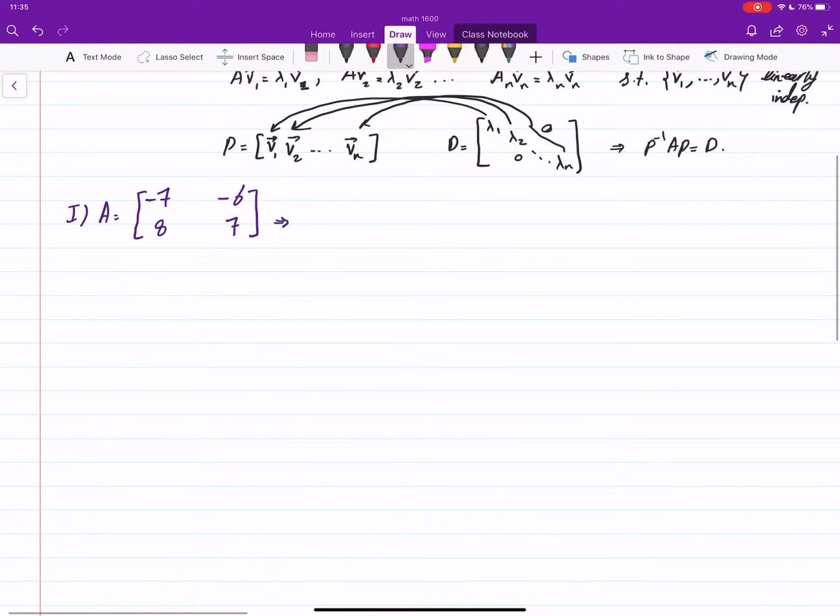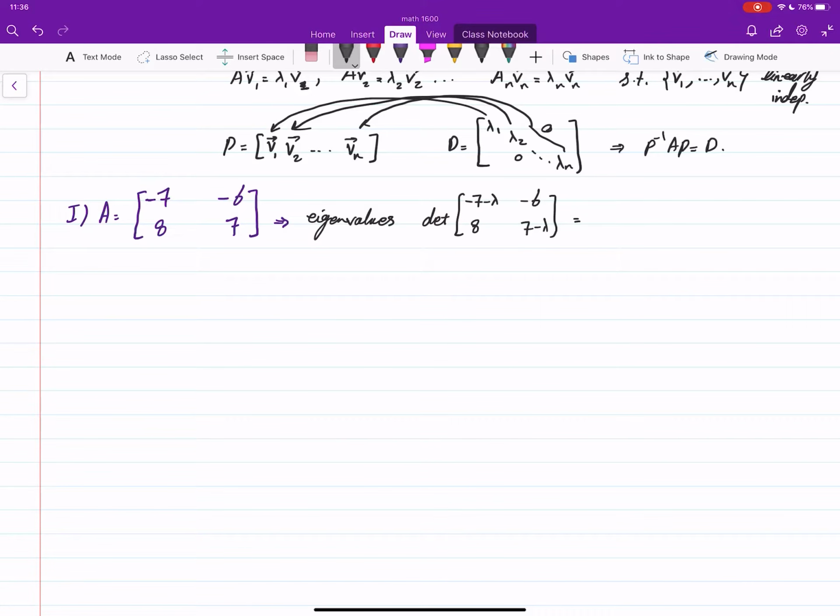Well, first of all, we have to find eigenvalues and eigenvectors. For the eigenvalues, we just find the determinant of A minus lambda I, which is -7 minus lambda, -6, 8, 7 minus lambda.